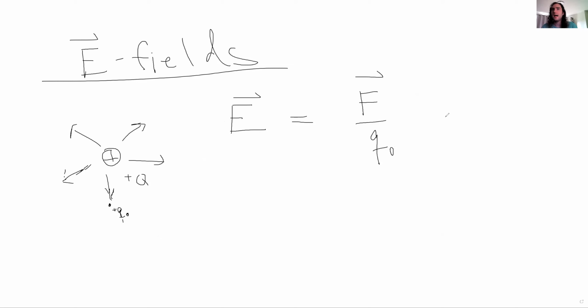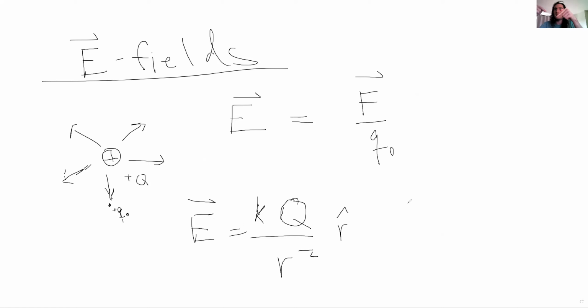When we do that, we get rid of that Q0 in our force expression, and we're left with an electric field for a point charge of KQ over R squared. It has a radial direction: positive R hat for a positive charge, and minus KQ over R squared R hat for a negative charge.